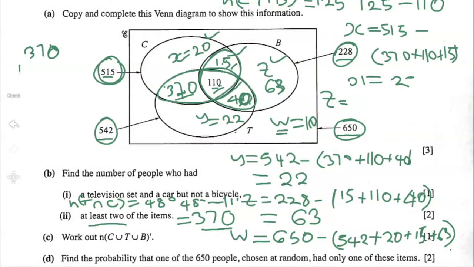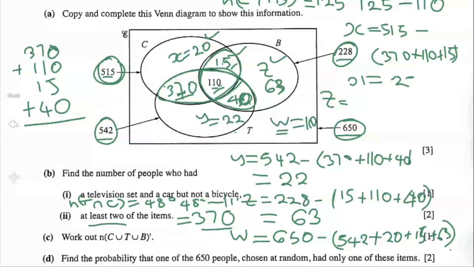It's 370 plus 110. That 110, they have all three, plus the 15 people who have two items. It's plus 15 plus this 40 here, those people with two items, because the 40 there are those people with a bicycle and a television set.